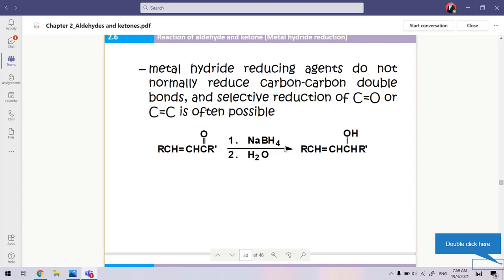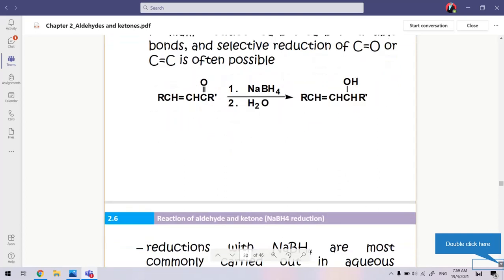If you use sodium borohydride, it will selectively choose the functional group that it wants to reduce. So sodium borohydride will choose only the C double bond O group to reduce to alcohol. The C double bond C, or alkene, cannot be reduced by sodium borohydride.